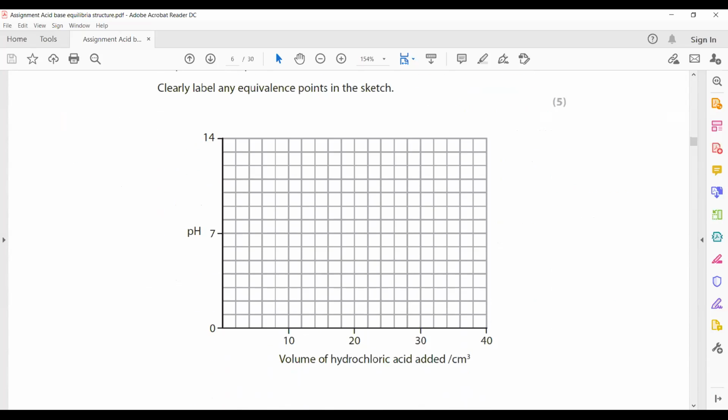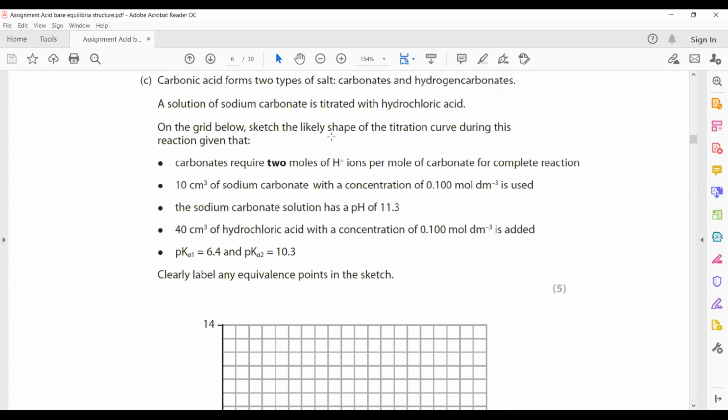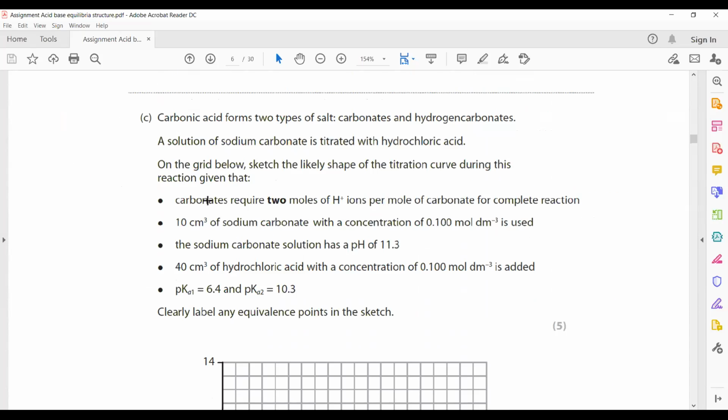And for the volume of hydrochloric acid, as you know, the ratio is that carbonate ion requires 2 moles of hydrogen ion per molecule. If there is one carbonate ion, you require 2 moles of hydrogen ion for a complete reaction.